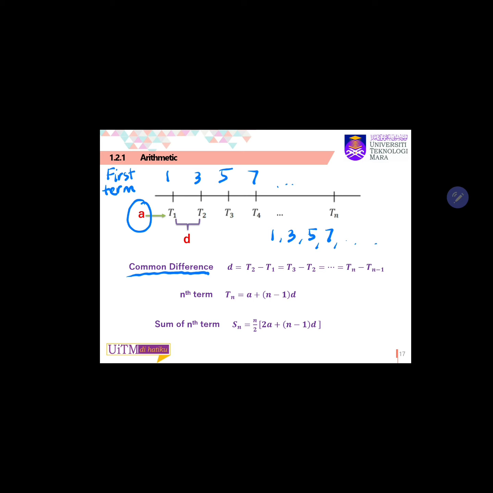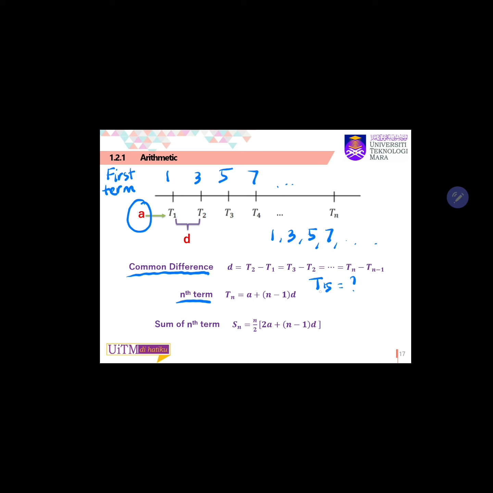Okay, next is the n term. What is the n term? The n term means Tn. Let's say you want to know T15, the 15th term. What you need to do is use this formula.